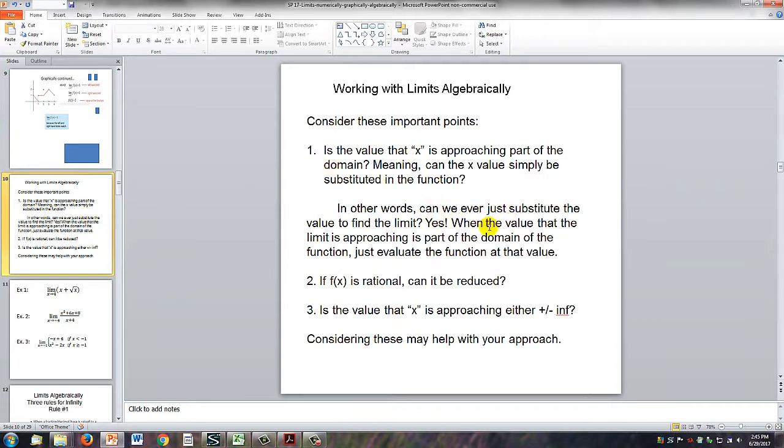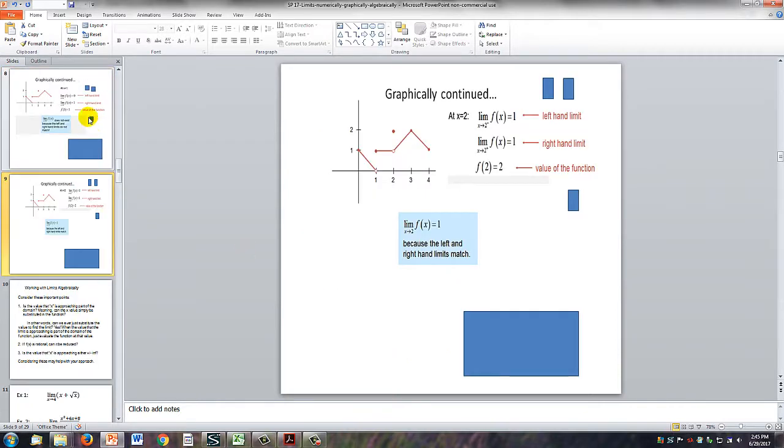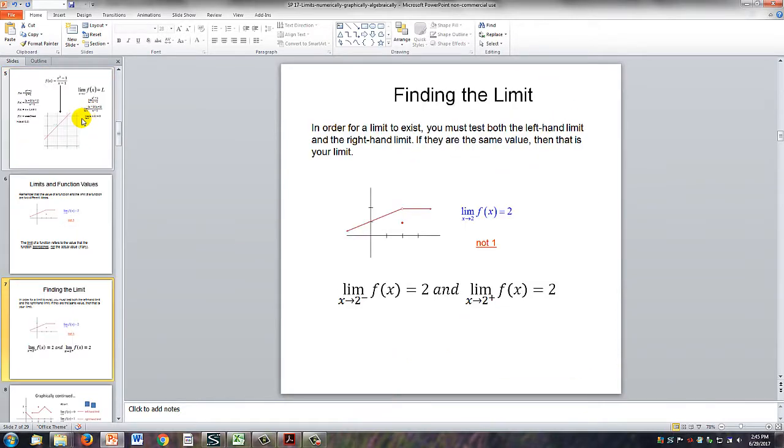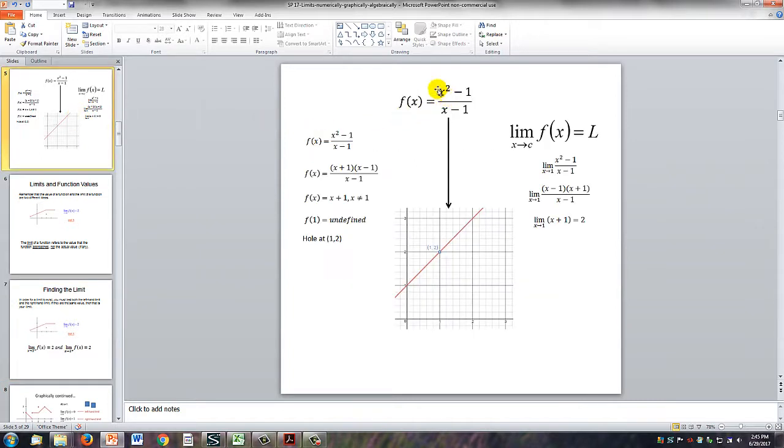Second thing you can think about is if the function is rational. In other words, if the function is like this first example here that we did graphically, this is a rational function. If you can factor this, x squared minus 1 factored into x minus 1, x plus 1, and then you can cancel these, then you get x plus 1.